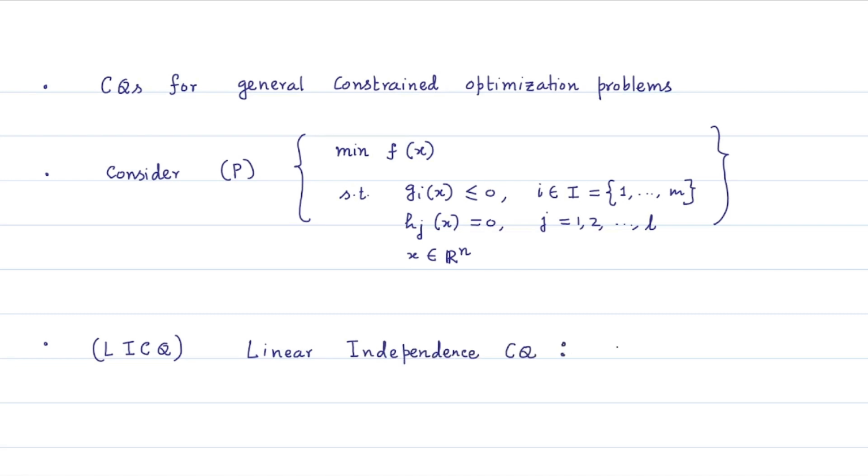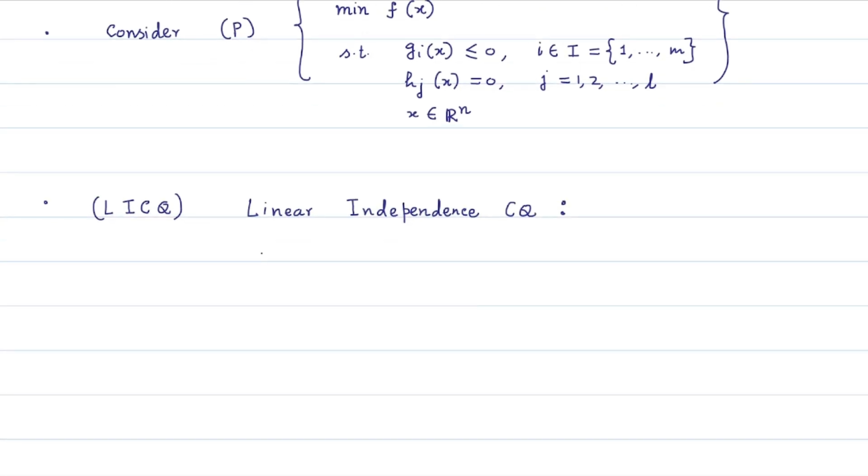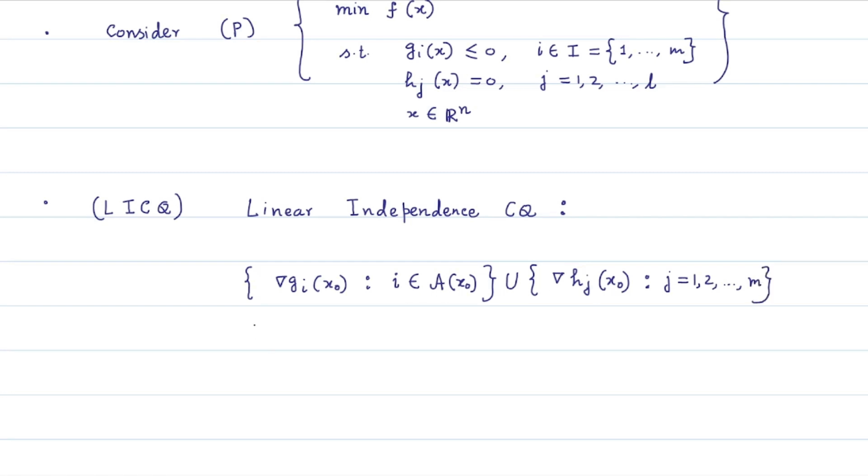By this LICQ we mean that at a given feasible point x0, the vectors gradient of g_i(x0) for i belonging to the active set of indices at the point x0, together with the set of vectors gradient of h_j(x0) for all j equal to 1 till m, the union of the vectors of these two sets are linearly independent.